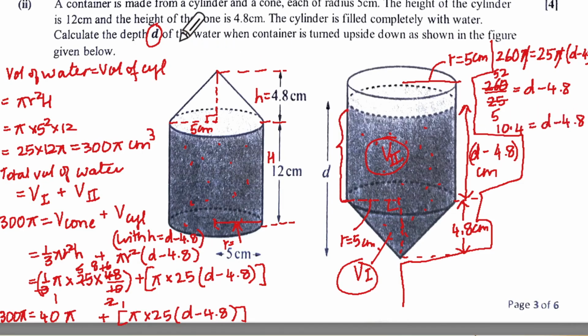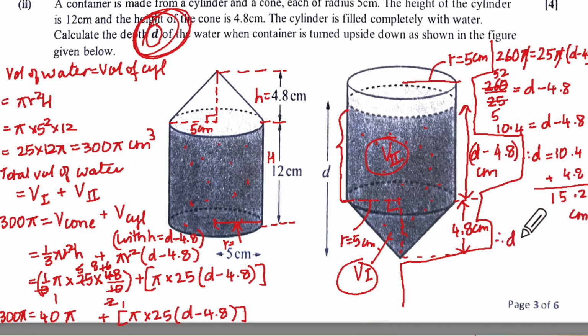What are we interested in? D. So what will we say? Therefore, d equal to 10.4 plus 4.8, correct? So what is our answer? They say find D. So we found D.